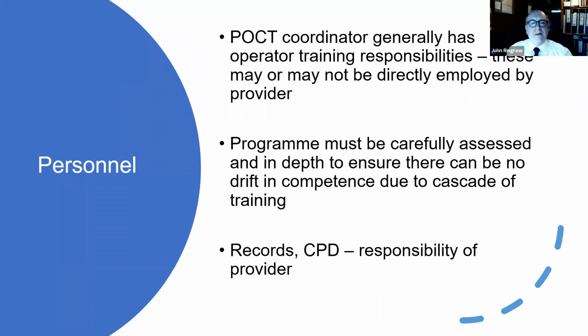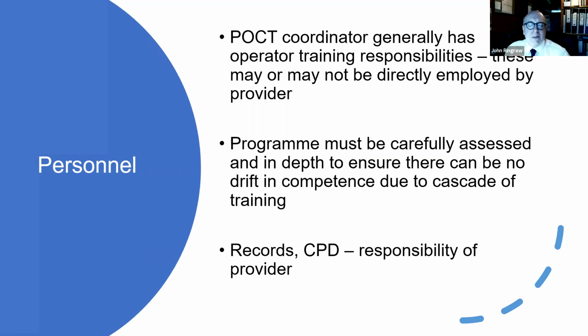So you would have a point of care coordinator. They would generally have operator training responsibilities, but they may not necessarily be directly employed by the provider. We find quite commonly examples of this where, especially in a hospital situation, if there's a point of care service in operation, there may be new pieces of kit, a new glucose meter that comes along, a new urine analysis meter, blood gases.